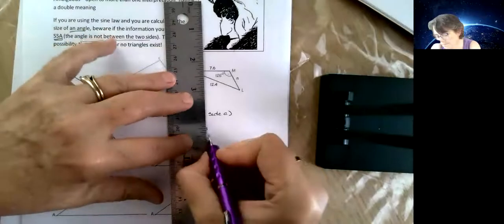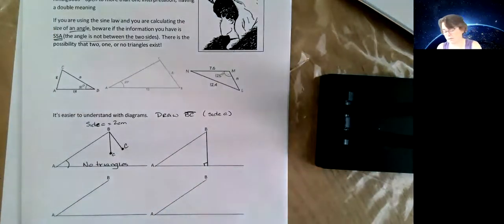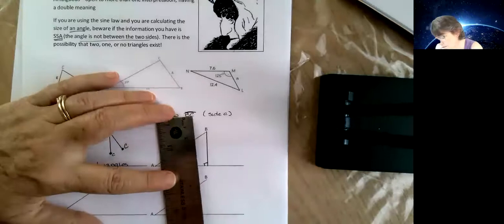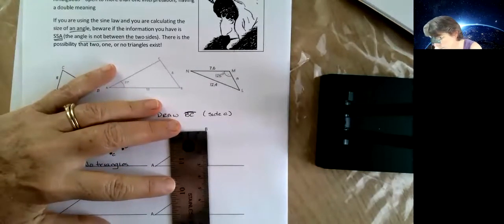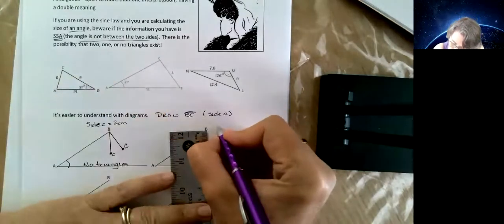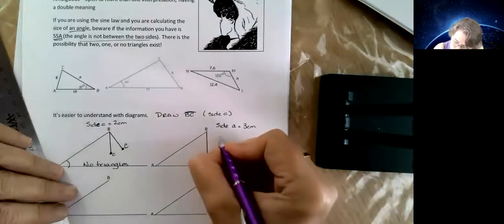So if I draw that, you knew that was going to be a right angle triangle. If I made my line 3 centimeters, you get one triangle.